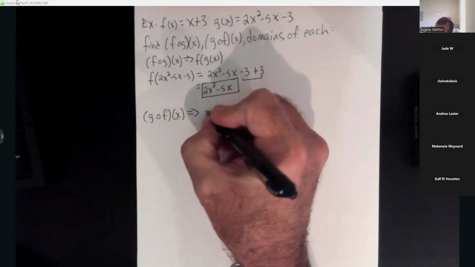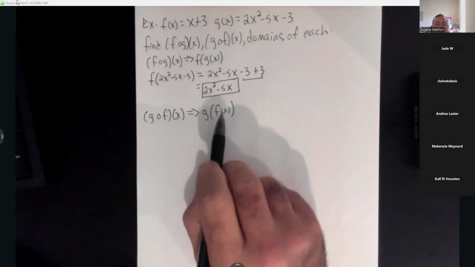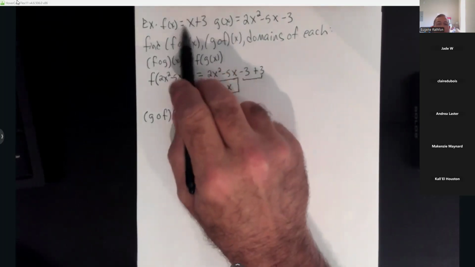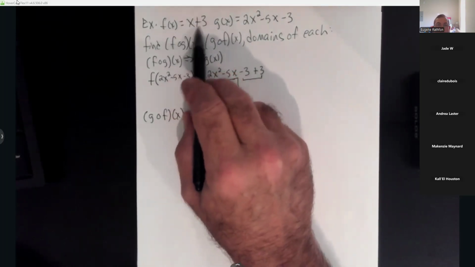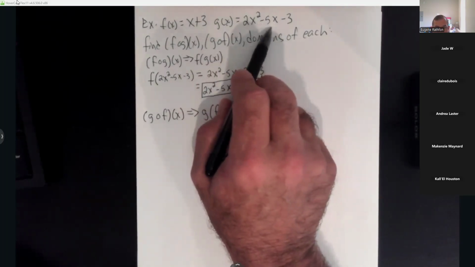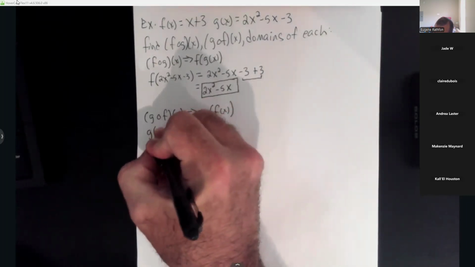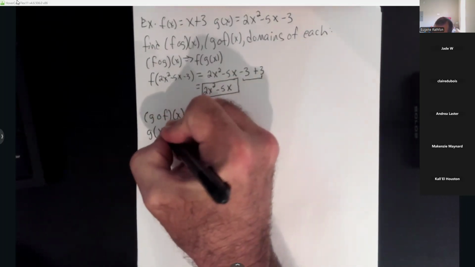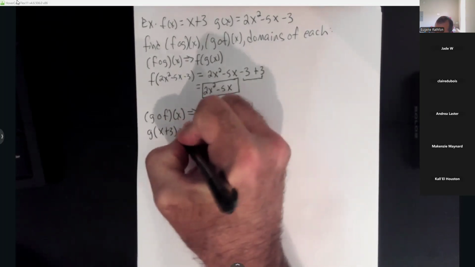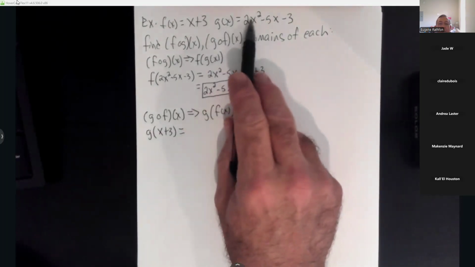So this one is like g of f of x, which means we're going to put this f of x function, this whole function, into both of these x's on the g, okay? So we're going to be finding g of x plus 3. All right, so we've got to be careful here because here's g.